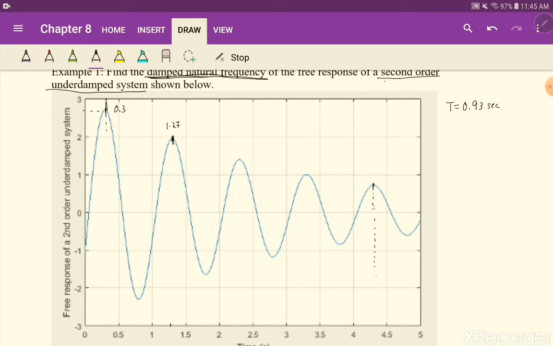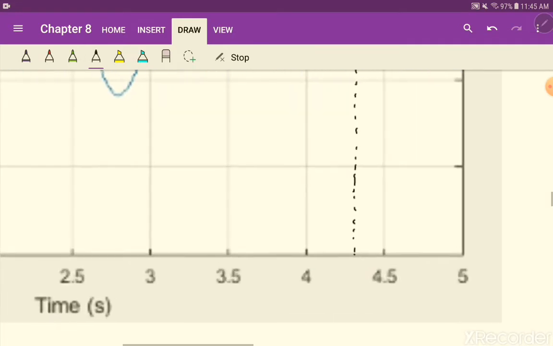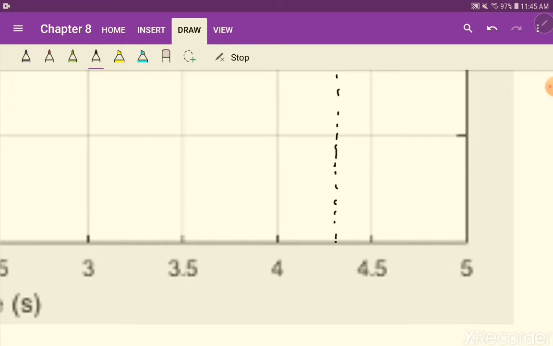Oh, this is hard. I need a ruler. So it's about 1, 2, 3. Oh, I think I might have done this one all wrong. Okay, how's this?